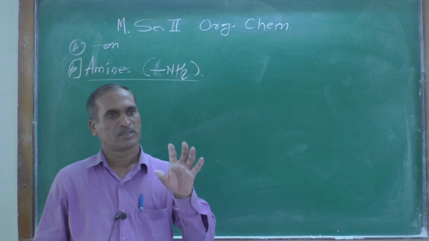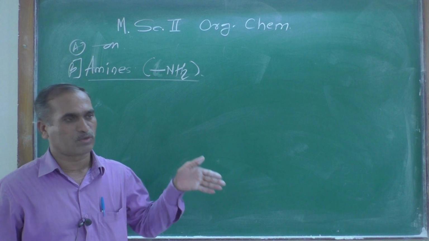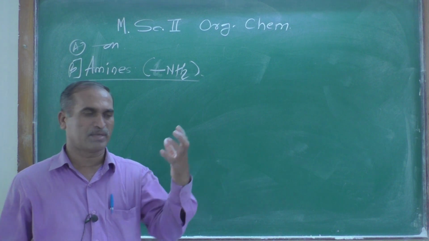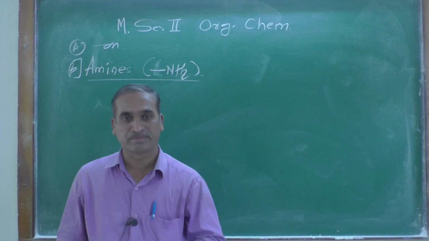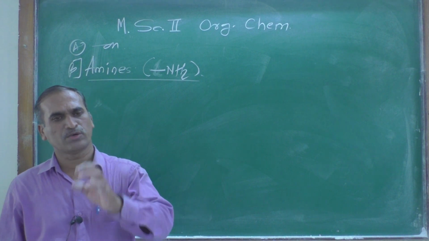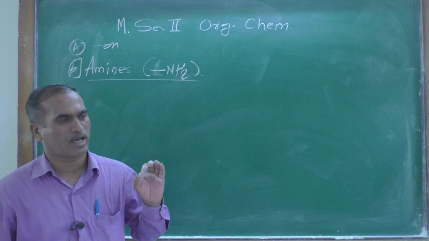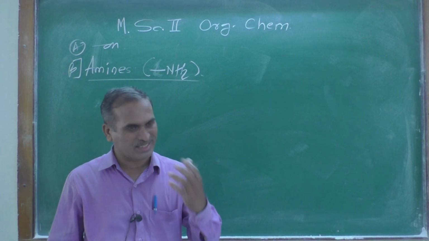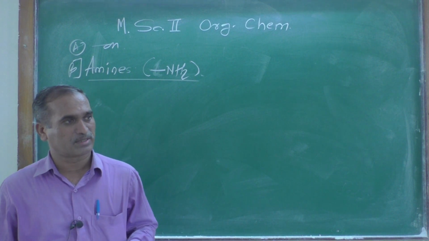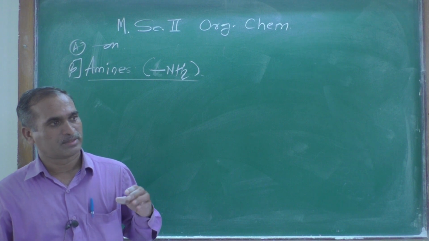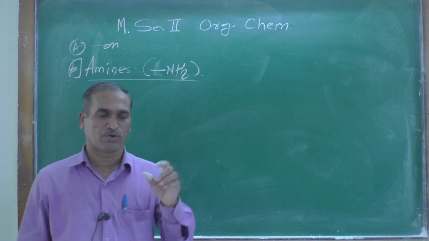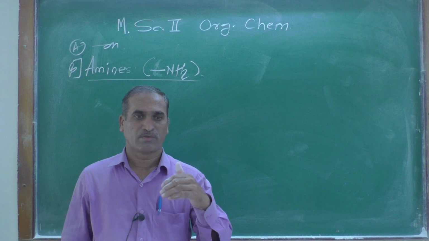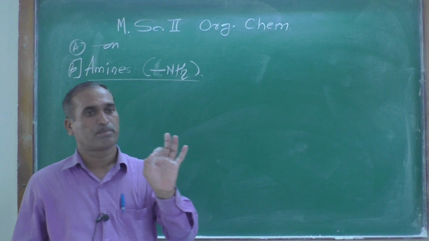As far as your syllabus is concerned, I think there are 5 protecting groups for protecting the amino group. One is benzyl, second one is acetyl, third one may be CBZ, fourth one is BOC, and fifth one is FMOC.